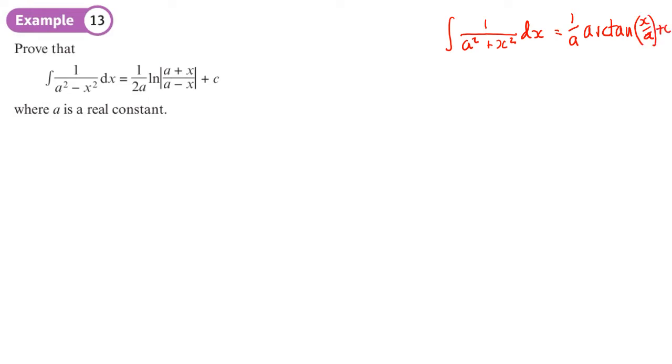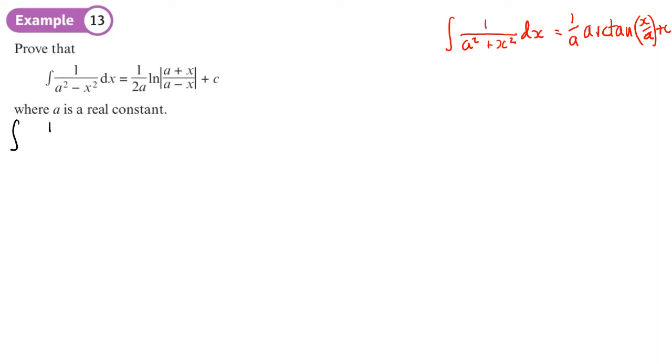And you'd be wrong, because this minus sign here makes all the difference, and it gives you a totally different result, and we're going to be using partial fractions to help us with this.